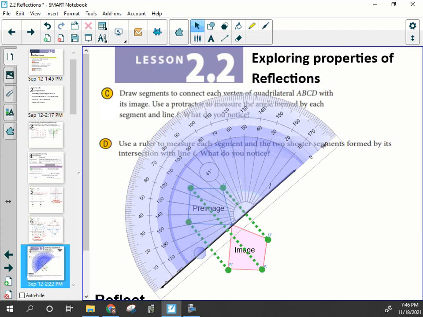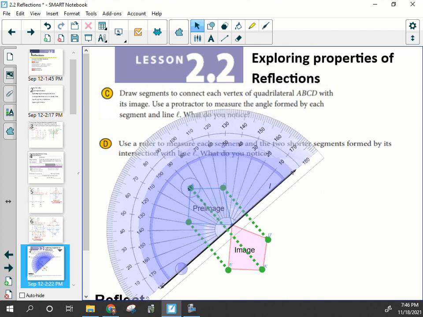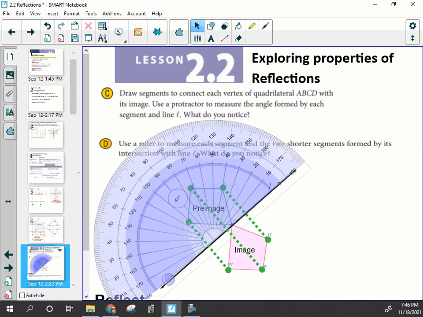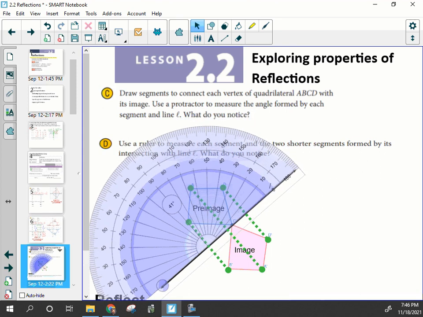The green line, if I extended it up, goes all the way up to 90 degrees. If I slide my protractor down to put the points where A prime, the middle green line intersects it, again, 90 degrees. Slide it down as well, again 90. So what do you notice about the angles? They are all 90 degrees.